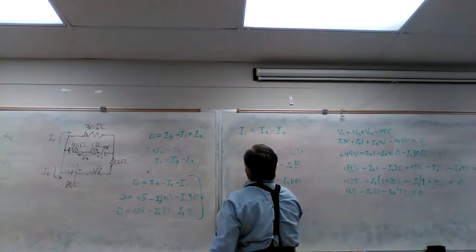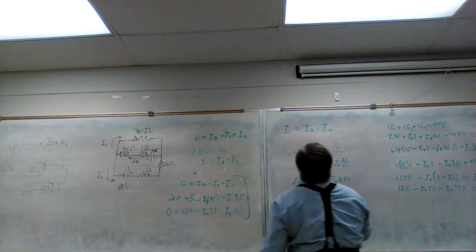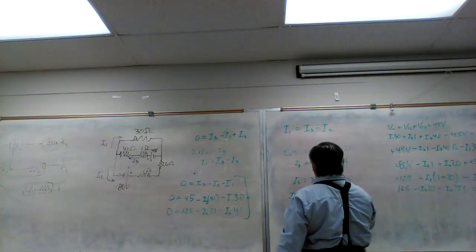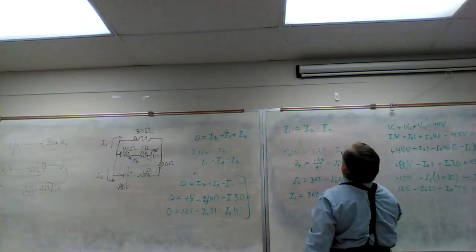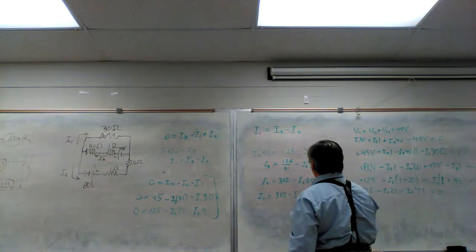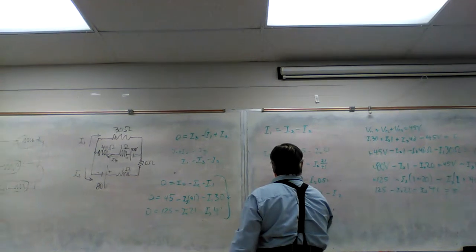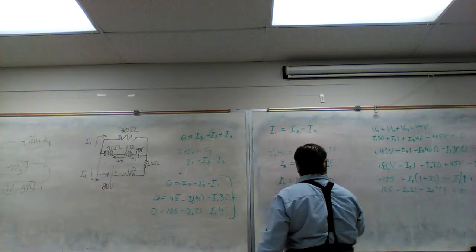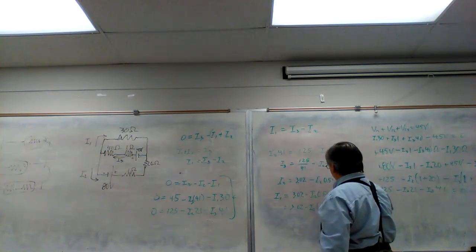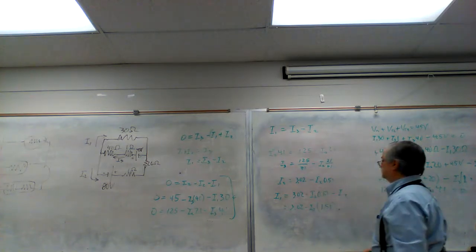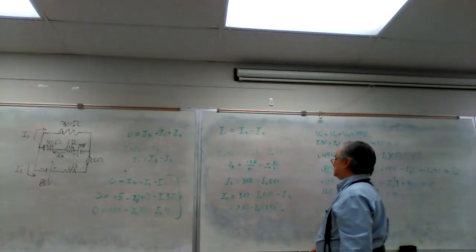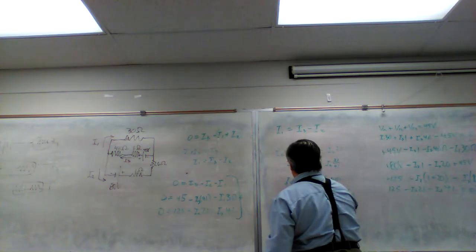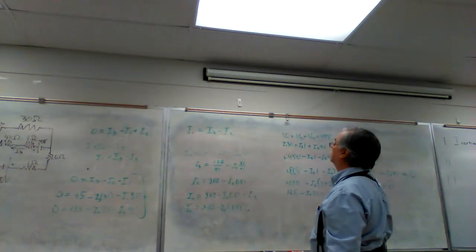So we can now write I1 as 3.02 minus I2 times 0.51 minus I2, or 3.02 minus I2 times 1 plus 0.51. So we have I1 in terms of I2.